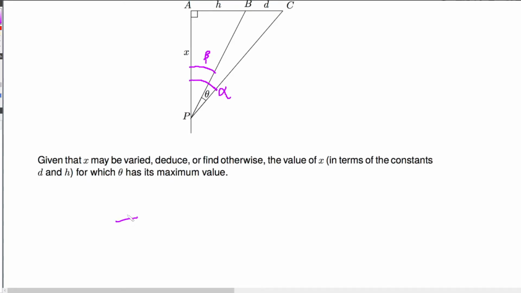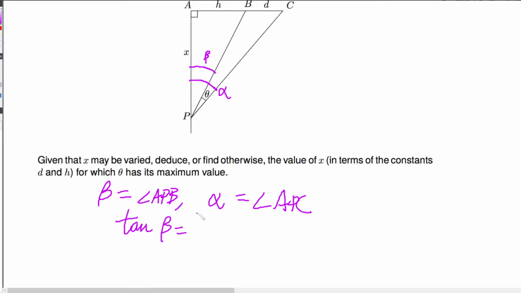So, firstly, we know from basic stuff about right-angled triangles, if we let beta be equal to the angle APB and alpha be equal to angle APC, then tan beta is opposite over adjacent, which is h over x, and tan alpha is opposite over adjacent, which is h plus d over x.